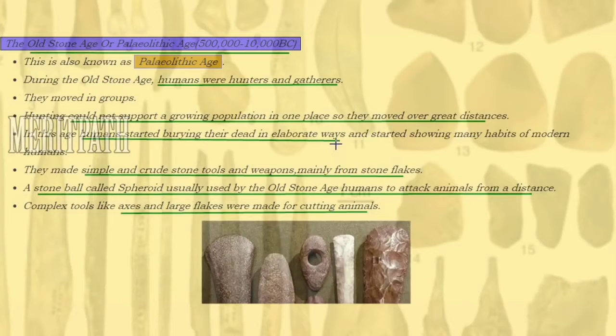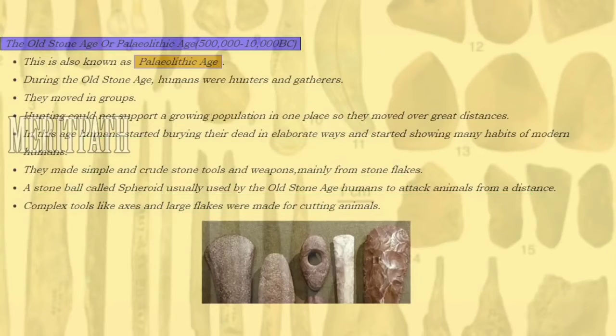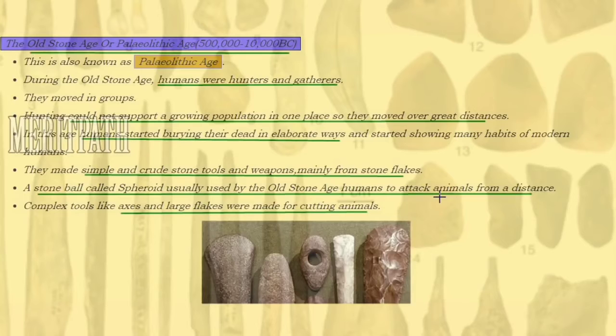The first one is the Old Stone Age or Paleolithic Age. This was from 5 lakh BC to 10,000 BC. The human beings were hunters and gatherers during this period. They moved in groups because the population was growing day by day. They couldn't stay in one place, so they started moving over distances, and the dead were buried in different ways.